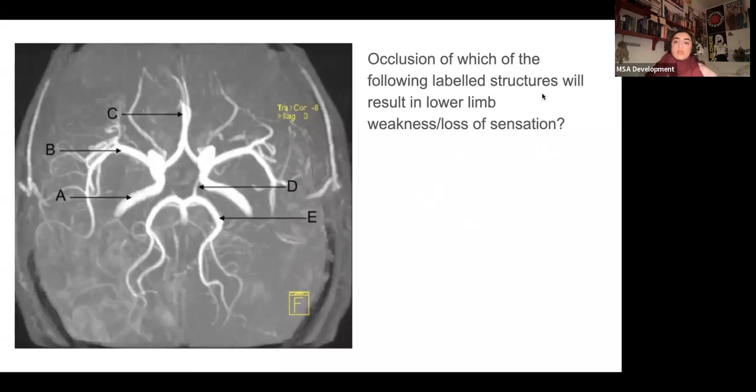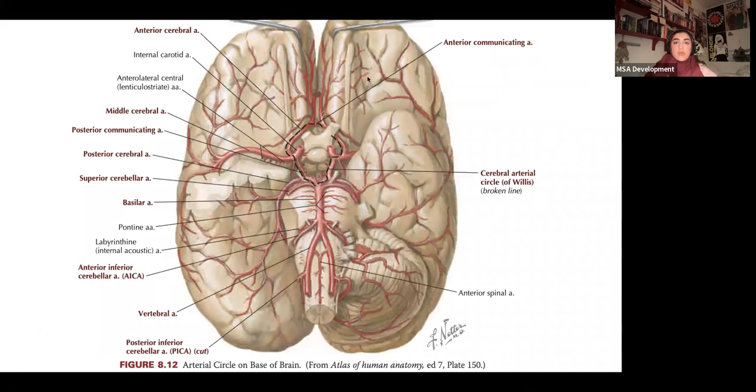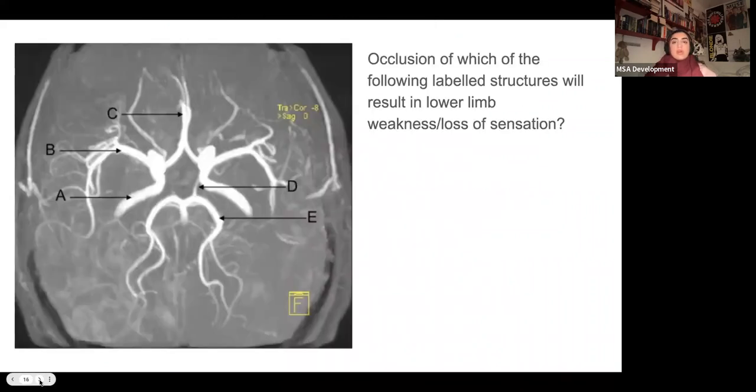So if we review the vasculature over here, we remember that middle cerebral arteries are going laterally, posterior cerebral are going posteriorly, and the anterior cerebral arteries are going anteriorly, and also they stay medially. So we know that, because of the homunculus, lower limb and genitalia are medial, and we know that the anterior cerebral artery runs medially, the answer over here would be C, okay?